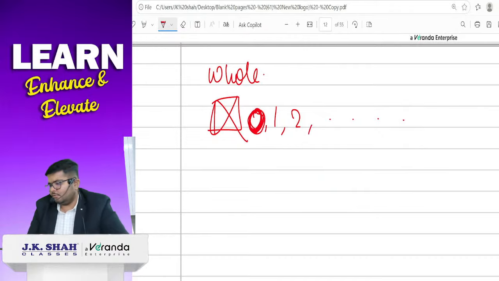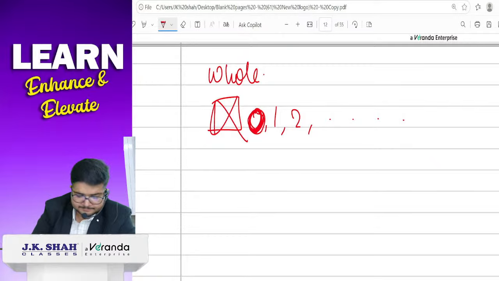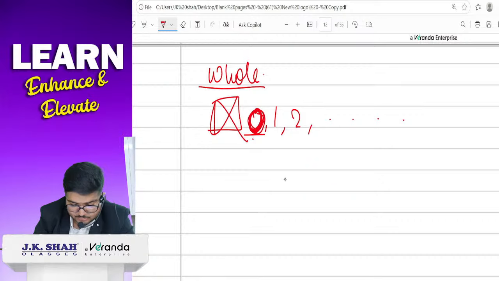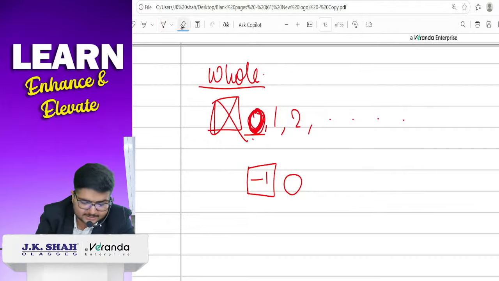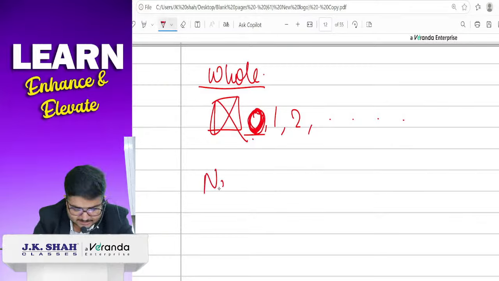Nothing, and therefore the predecessor of 0 does not exist. So if they ask you the predecessor of whole number 0, your answer will be there is no predecessor. But if they simply ask you the predecessor of 0, then it is minus 1. But if they specify that it is a whole number, then only the answer will be there won't be any predecessor.